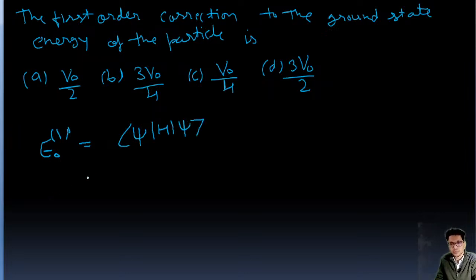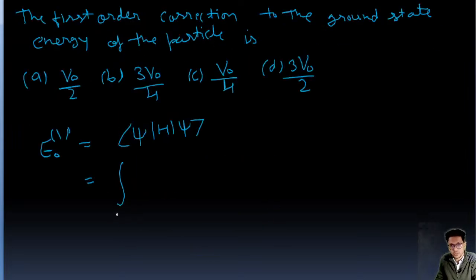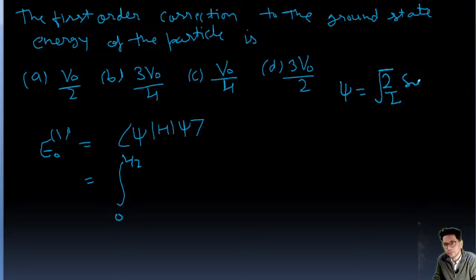And this is going to be integration, because the value is 0 to L, right? L by 2. It is going to be 0 to L by 2, and we know the value of psi, right, for infinite potential well, that is root 2 upon L sine pi x upon L, right, for 1D infinite potential well. So we'll just write this.